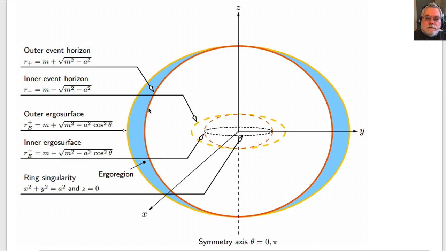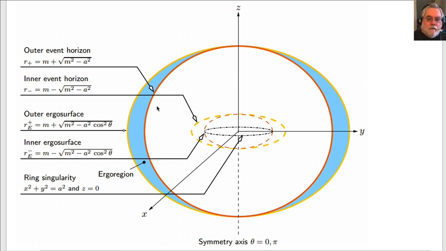The solid red line oblate spheroid in this image is the outer event horizon. Any matter or light that crosses into the outer event horizon cannot escape and return to our universe. More on this later.